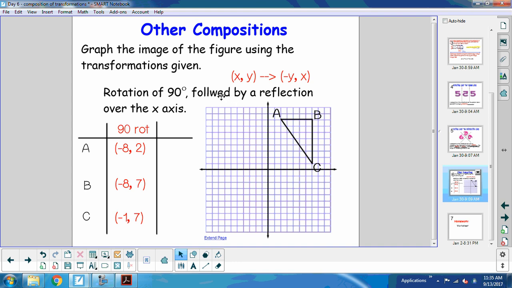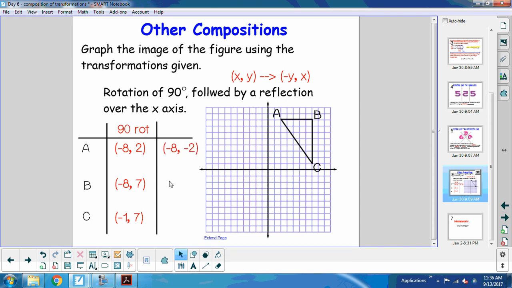So now I want to reflect it over the x-axis. So envision it flipping from, say, this quadrant to down here. Remember, when we're flipping over the x-axis, the x-coordinates are not changing. It's the y-coordinates that are going to change. So my x-coordinates are going to remain the same. So the -8 is going to stay the same, and then I'm going to change the sign on the y-coordinate.